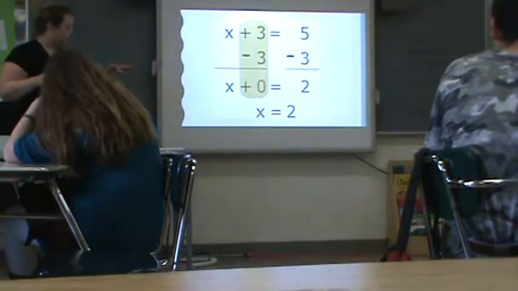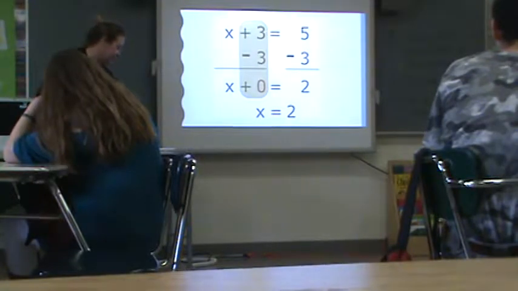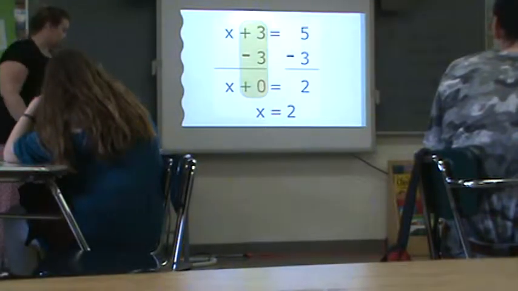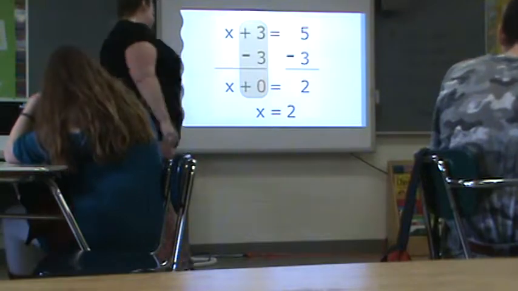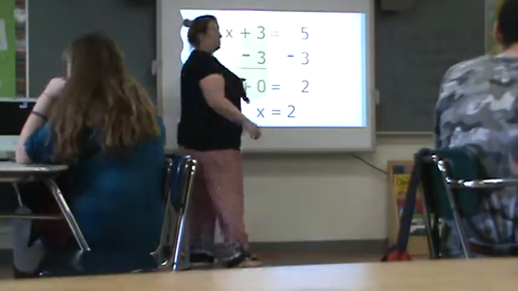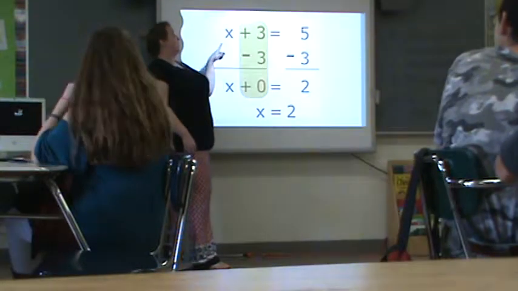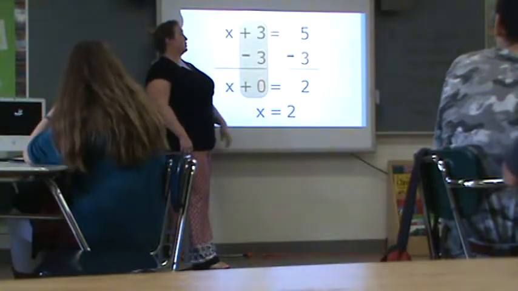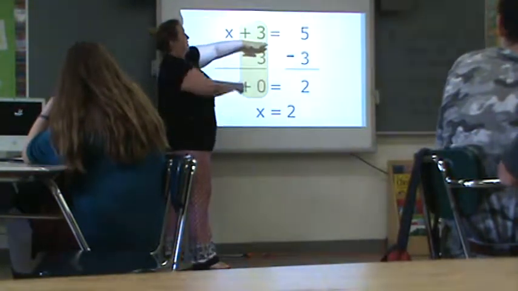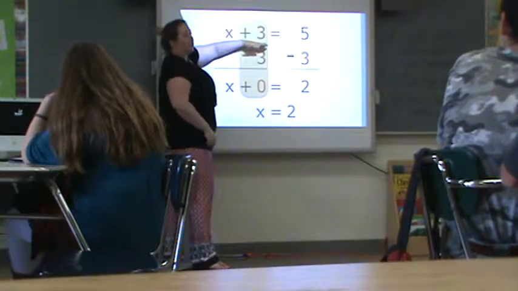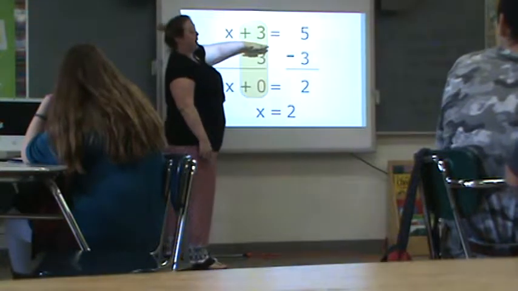Okay, so here, I need to be able to do this, don't I? Here they have x plus 3. Can y'all still see? They have x plus 3 equals 5. So what are they doing to the variable? Adding 3. So what is the opposite?